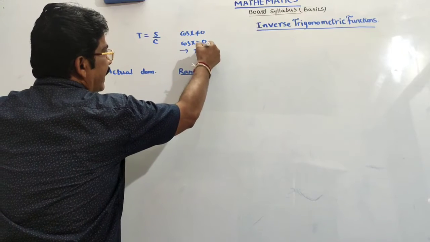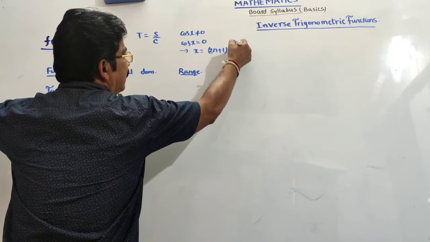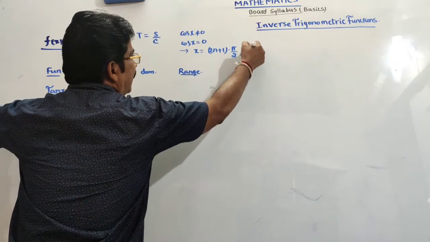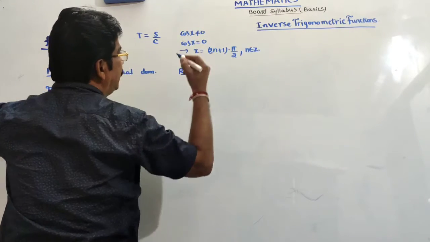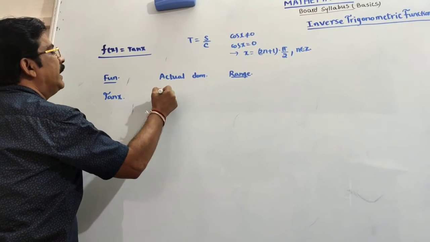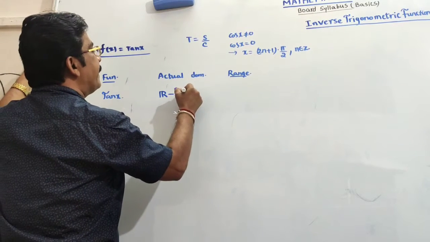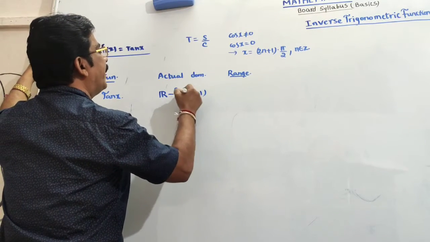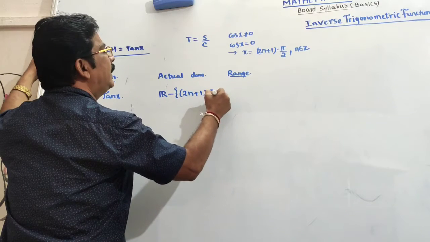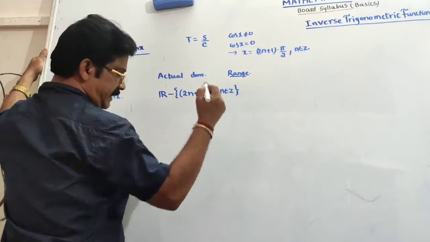Already we know x equals (2n plus 1), that is, odd multiples of pi by 2, n belongs to Z. So tan x, being sine by cos, will take any real number except the odd multiples of pi by 2. This is the actual domain, where n belongs to Z. It is to be understood.